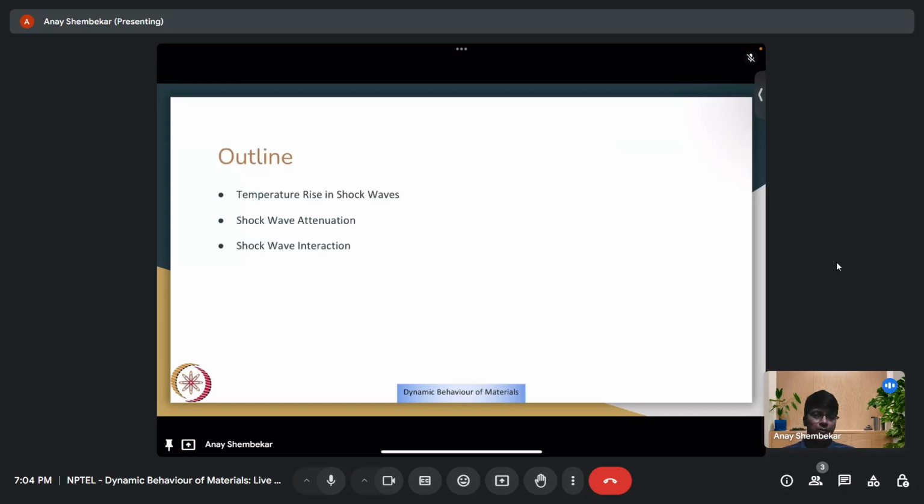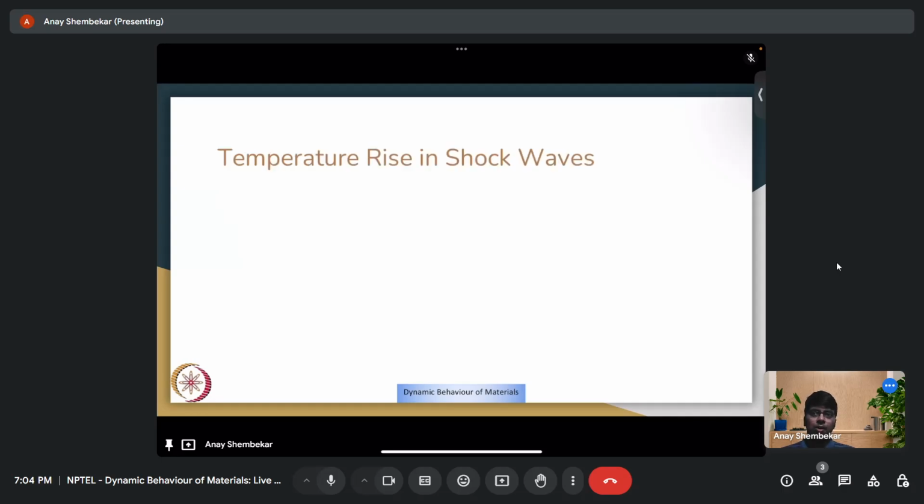So the first part was about temperature rise associated with shock waves. You have a very thin shock front. In terms of length, as well as using shock wave velocity in terms of time, you have the shock front passing very rapidly through a material, and there is a large pressure differential associated with it.